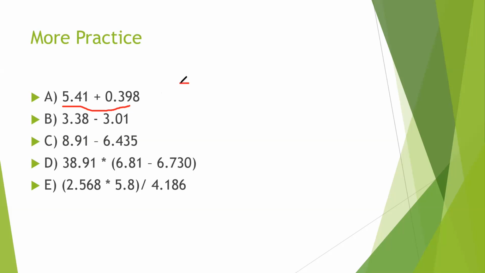So in this case, I put it in my calculator and I got 5.808. But then we have to realize that this one has hundredths place and this one has thousandths place. So we report to the hundredths place since that's the least. And since there's an 8 behind, we round up and get 5.81.